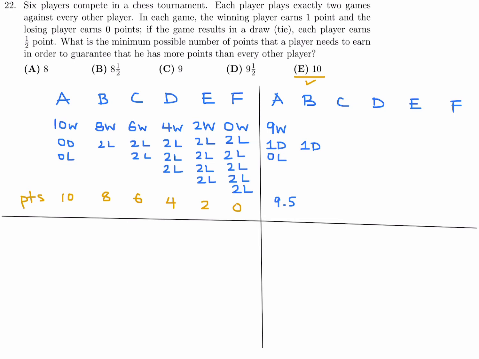If this guy has a draw, he can't have 9W, 0 losses. He can, but if that's the case, it'll be 9.5. And that's the same. We want a scenario where A has more points than every other player. Okay, so that's no good.